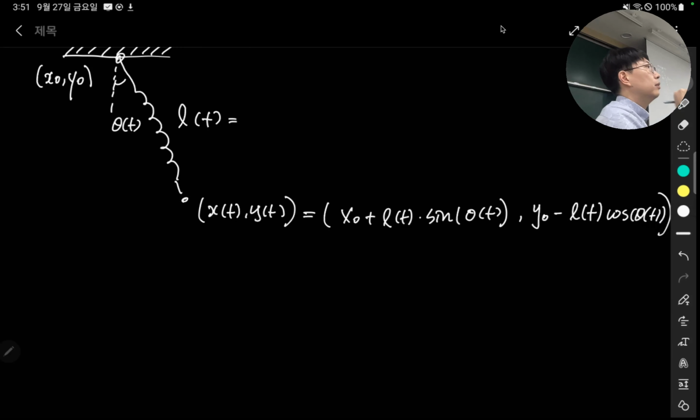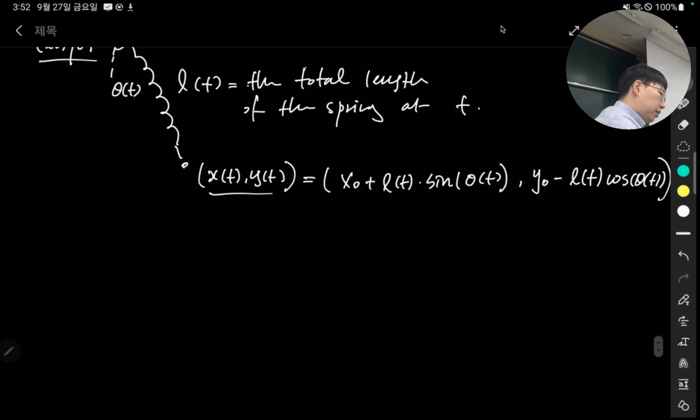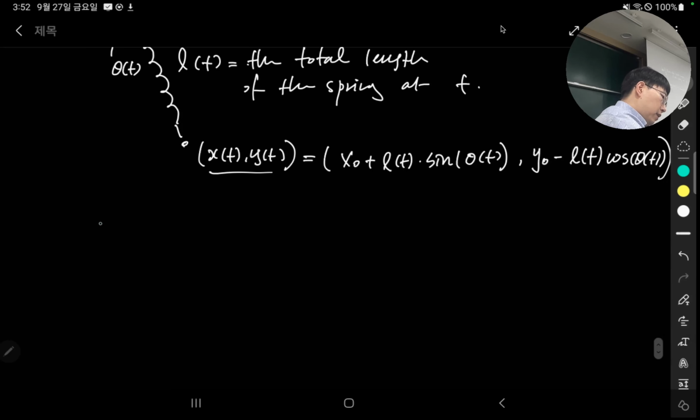Once we know the functions theta(t) and L(t), we can find the endpoints, and it's a matter of drawing the curve, drawing the springs from these two to this. So L(t) is the total length of the spring at time t. So let's pick up the differential equation.